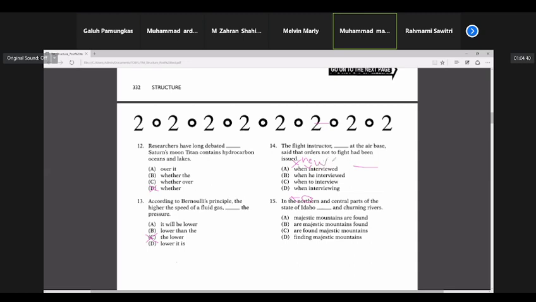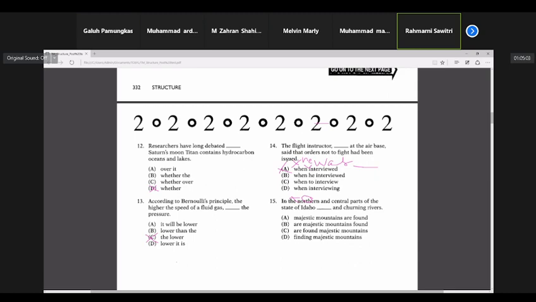But then we can omit the subject and the to be. So the correct one is A. Jadi awalnya adalah the flight instructor when he was interviewed at the air base said that orders blah blah blah. When he was interviewed, passive yang kita perlukan.